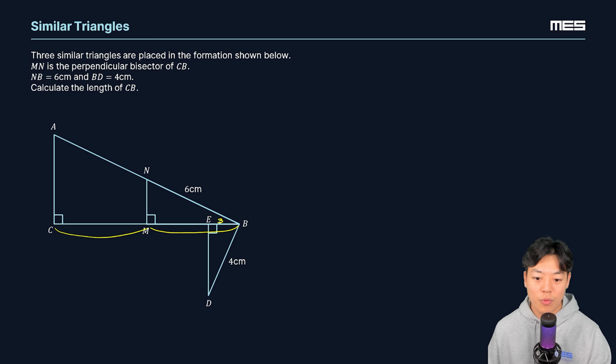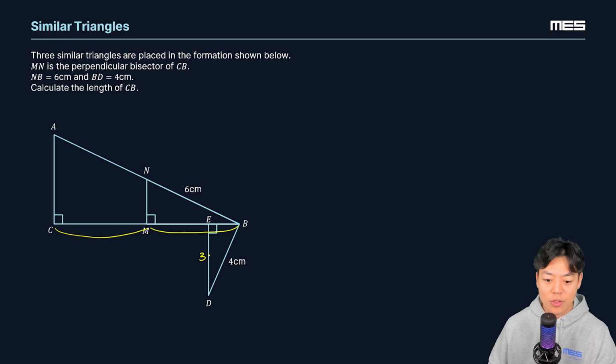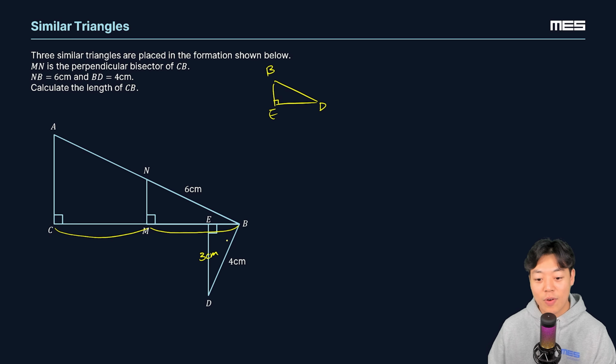So if EB is 3, then I have 4 is to 3, or actually, this might be a 3 here. And I think this 3 centimeters should be a kind of a distractor, and students might think 3, 4, 5 here as a mistake. But because I know this is 4 is to 3, if I redrew this smaller triangle, I have BED. We had a bit of a crisis situation there, but it's all solved now.